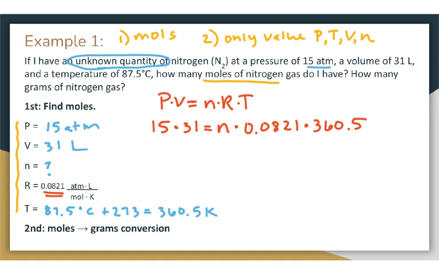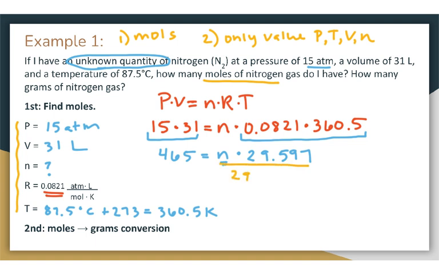And just like in the past, you can use whatever algebra you're comfortable with to solve this. I like to go through and multiply my values together. So I got 15 times 31, 465 equals n times, and I'm going to multiply my 0.0821 times 360.5 to get n times 29.597. I want to get n, number of moles, by itself. I can do that by dividing both sides by 29.597.